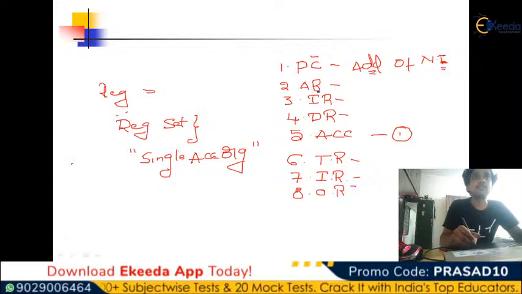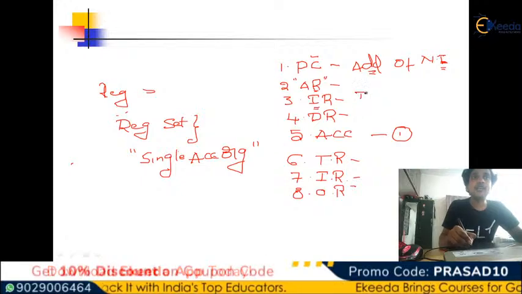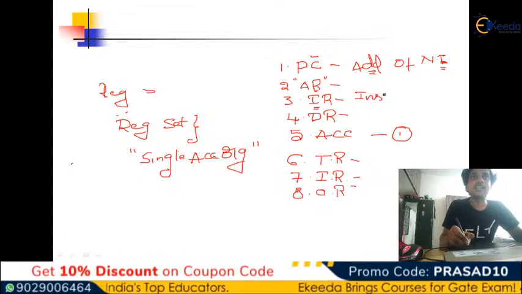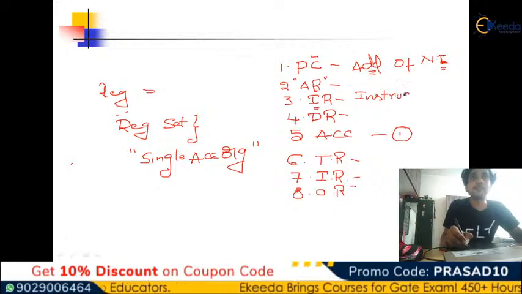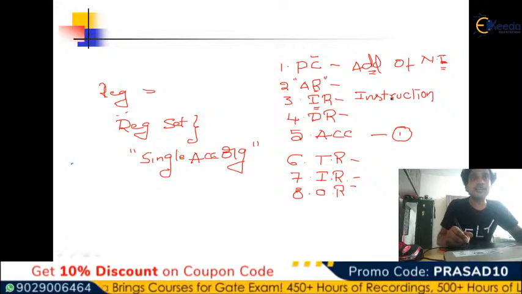Address register, we will talk about after some time. Instruction register is going to hold the current instruction which is getting executed. The current instruction that is getting executed concurrently.